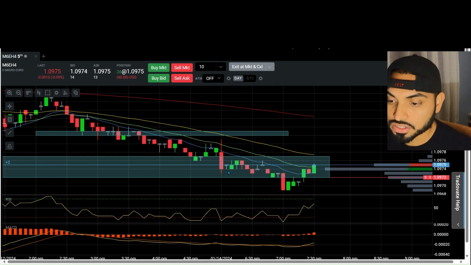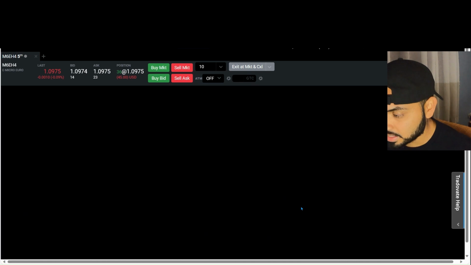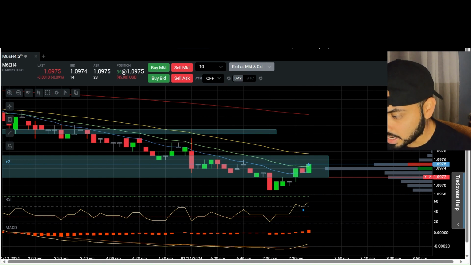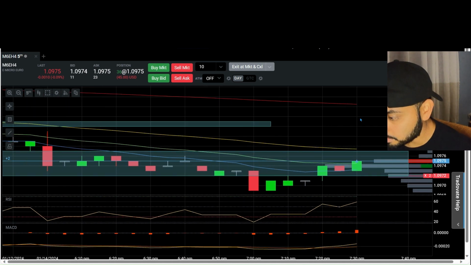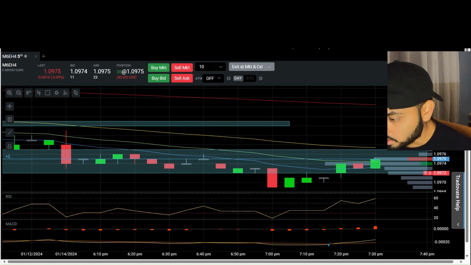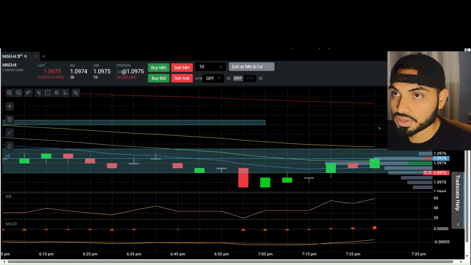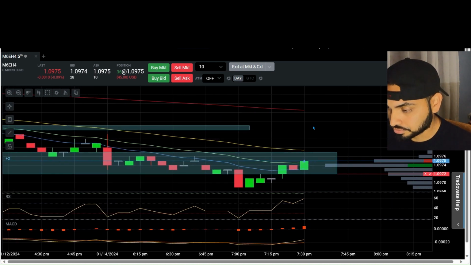Here you can see on the trend it hadn't broken above the 13 EMA, and it finally did, and it's picking up steam. The RSI is climbing up. The RSI is above 50, and we also have the MACD right here, the MACD crossing above its signal line, indicating that it's going bullish momentum.